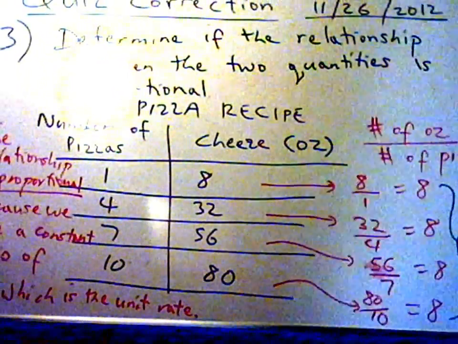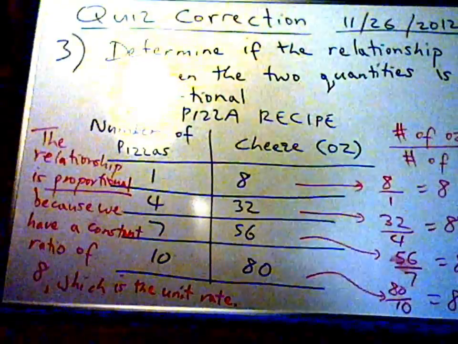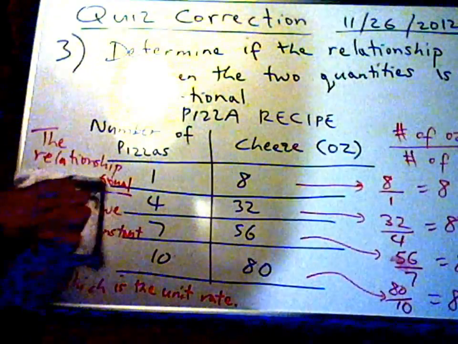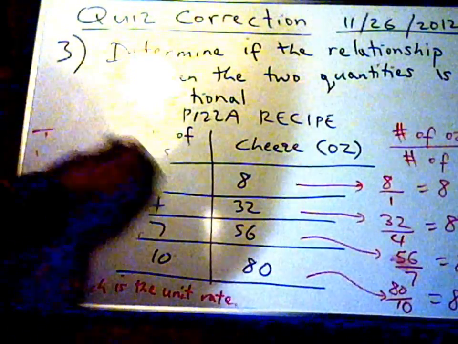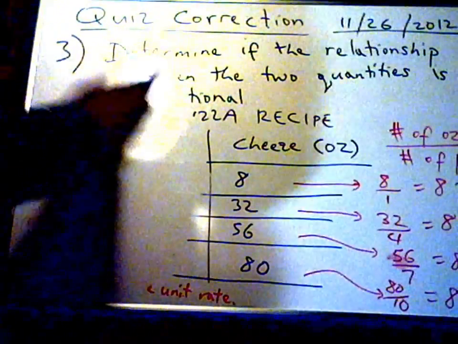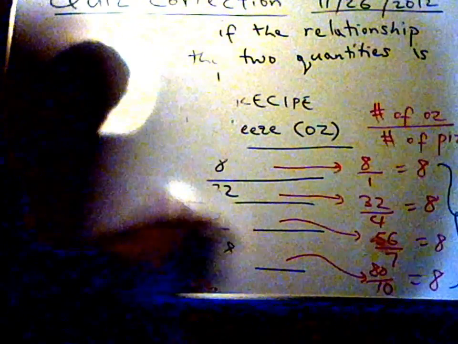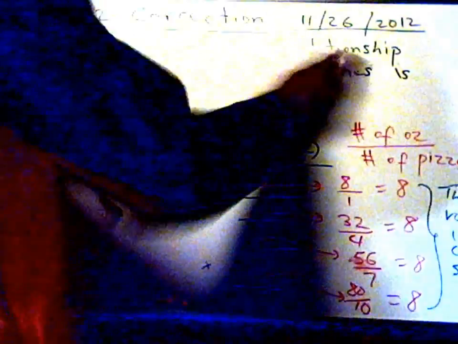Alright? So think about that. Now I want to draw a graph, showing you how you could have answered this question using a graph, or explained the same concept using a graph.